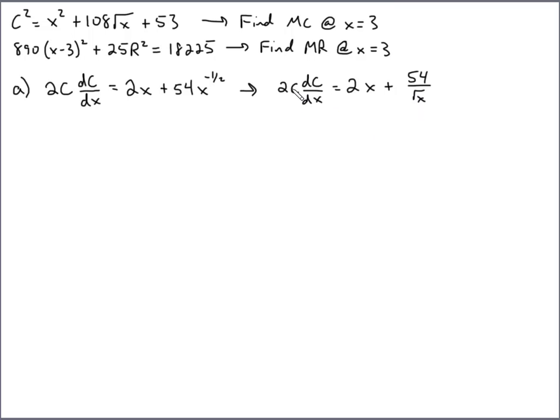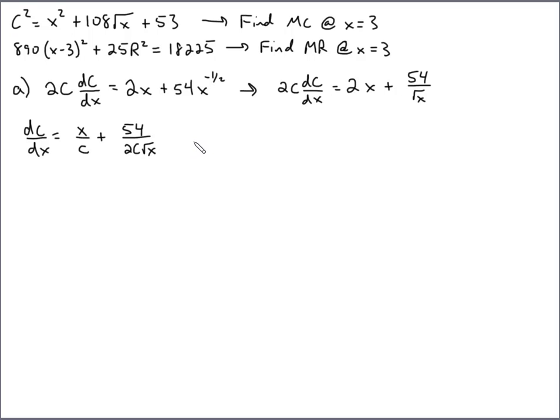So then we're going to divide everything by 2c. We can just do this term by term, so we don't have to have a big fraction bar here. So we'll divide everything by 2c. We get dc/dx is equal to 2x. Well, actually, the 2's are going to cancel this, so we're just going to get x over c plus 54 over 2c root x.